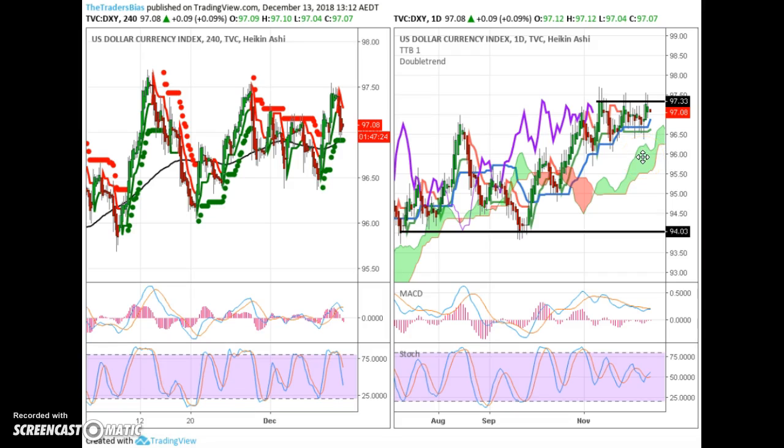Take it as it comes, but if it does break below the Kijun-sen there, it's most likely going to be seeing some downside, but it's particularly difficult to trade with this volatility here. It's caused me to trade on a lot smaller, shorter time frames.